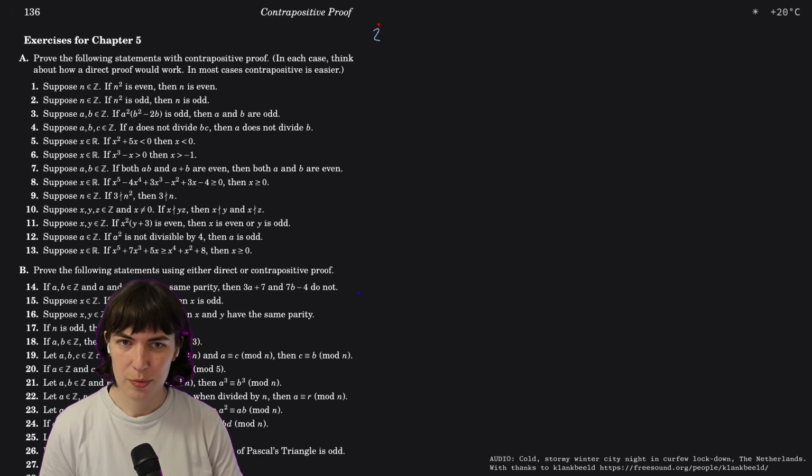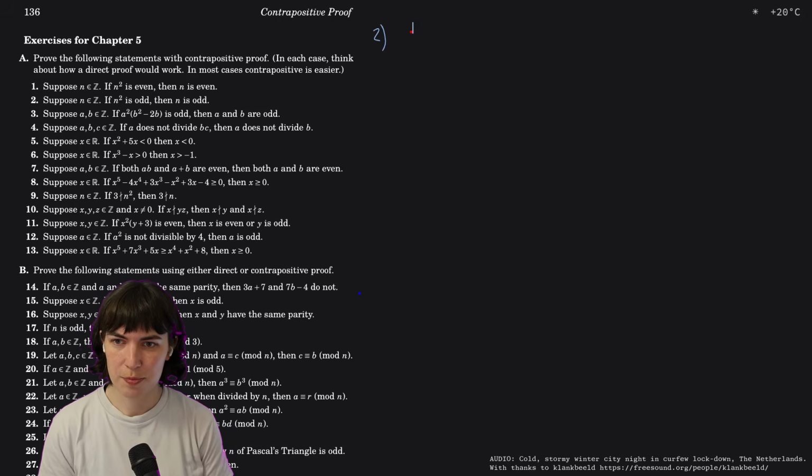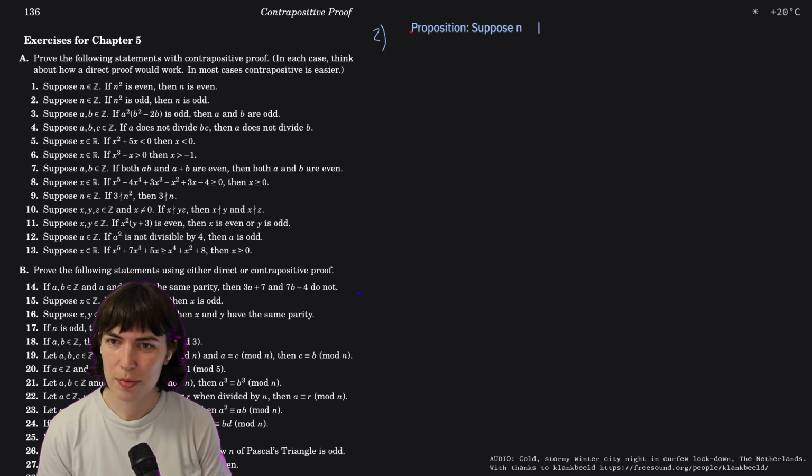Two. All right. Suppose... Am I supposed to put this proposition thing on the start of all of them? Proposition. Suppose n is an element of the integers. If such and such is odd, then n is odd.